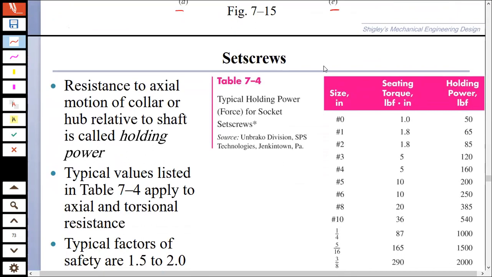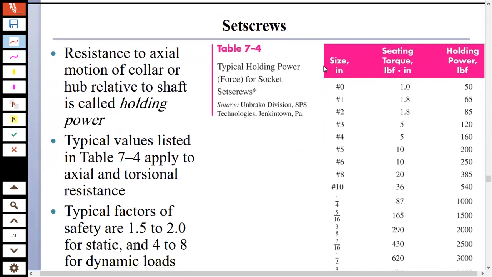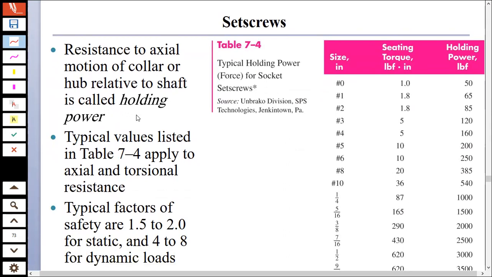If you look at this, what we have in a set screw is a holding power. And what is that? The resistance to axial motion of a collar or hub.